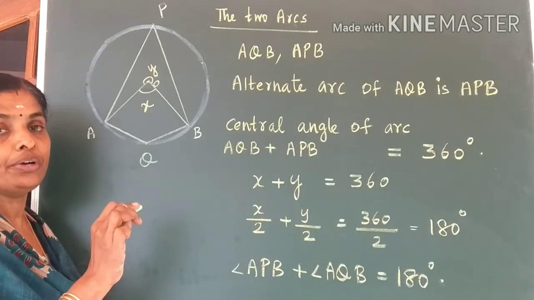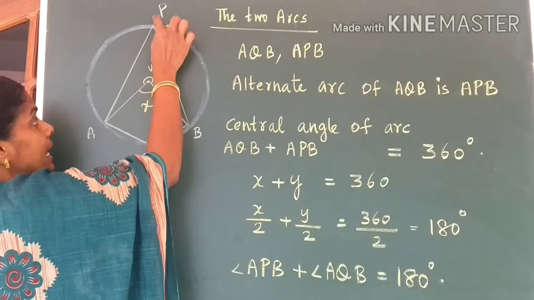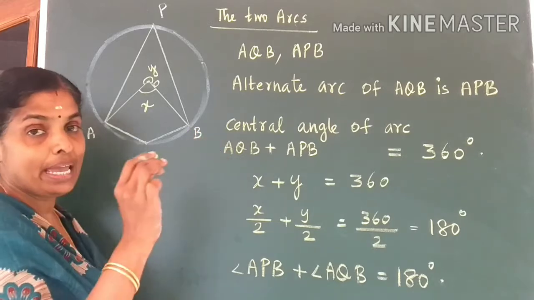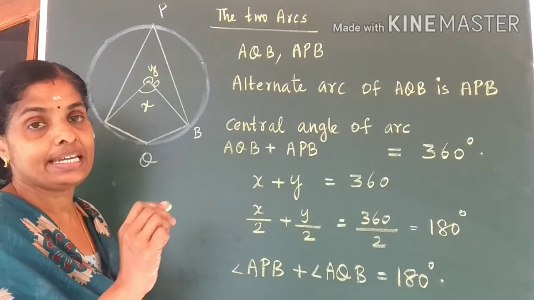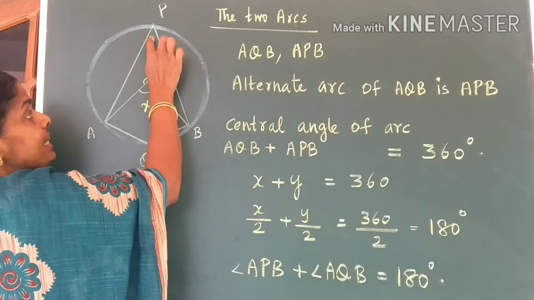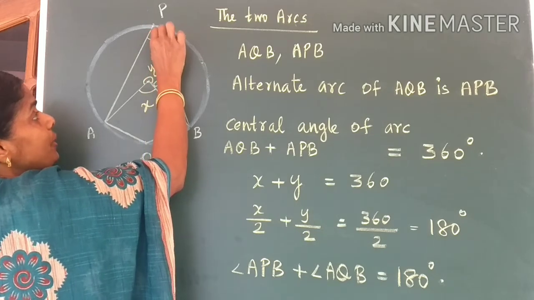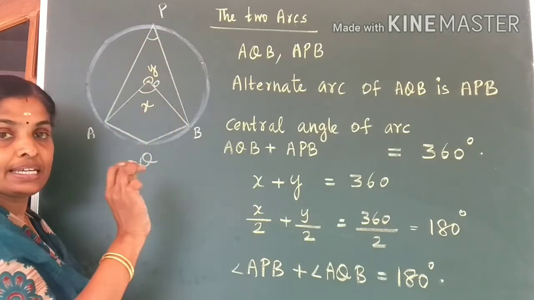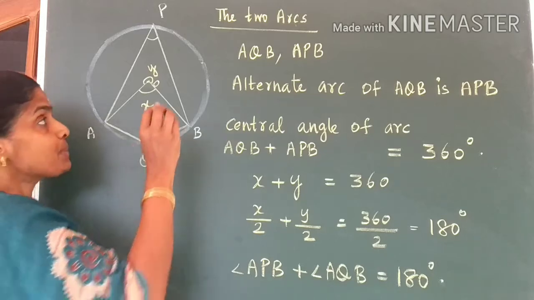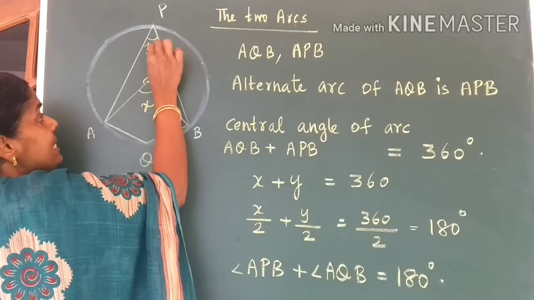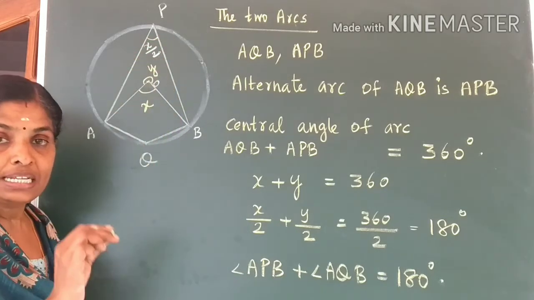Now what do you know? Angle APB would be half of it, isn't it? So we can say this angle is equal to half of x, that is x by 2. So let me write x by 2 here.